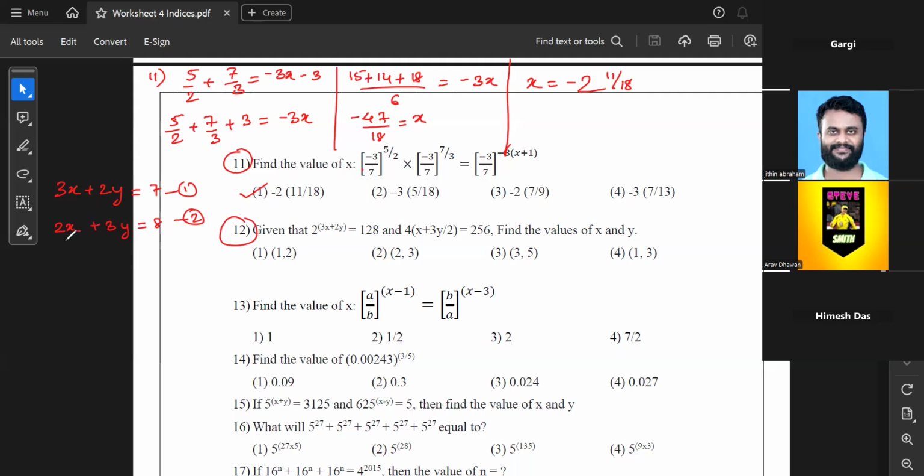To cancel x, you have to bring them to the same number. So I'll multiply by 3 over here and by 2 over here. That brings me to the new equations: 6x plus 9y is equal to 24, and 6x plus 4y is equal to 14.